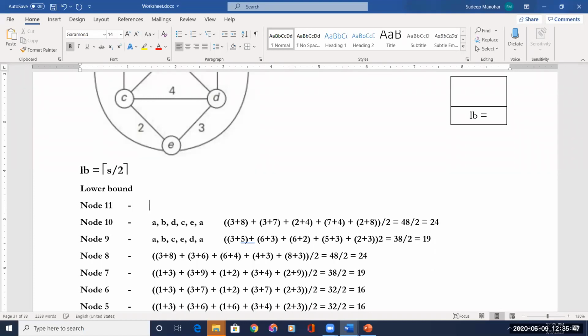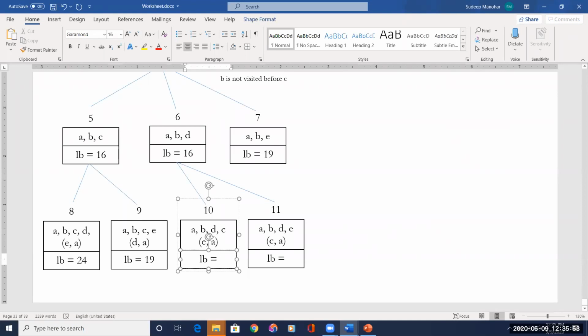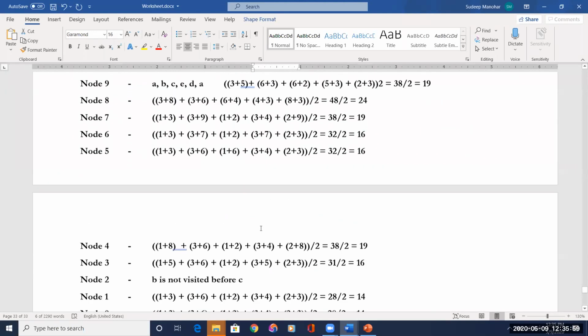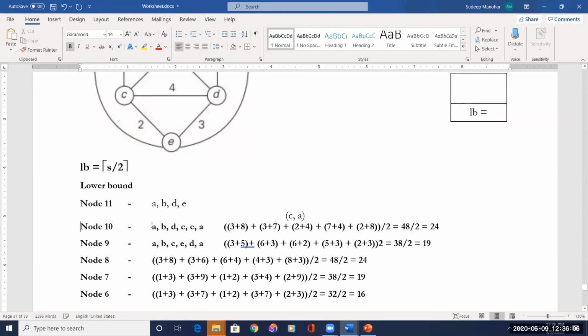Node 11, 24. Node 11 can take the path. I'll write it here for you to make it easy for calculation.